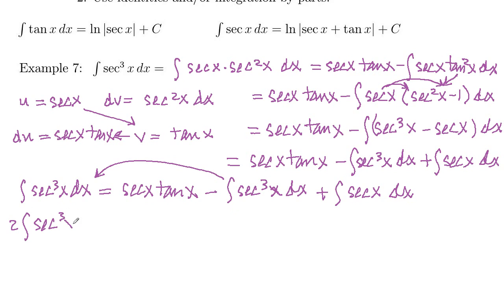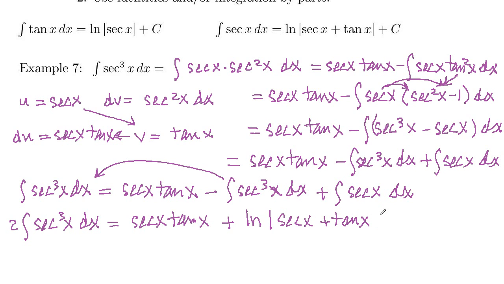So there's that idea of having the integral on both sides and collecting it like it's a single quantity. And it is. What's left here is secant x tan x, and then plus our integral of secant. And what's the integral of secant? Well, it's natural log of secant plus tangent plus a constant. So ln absolute value of secant x plus tan x, and then plus our constant.